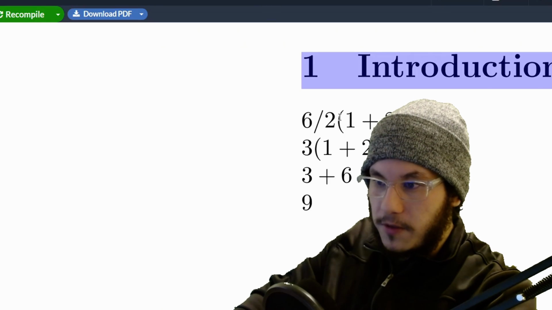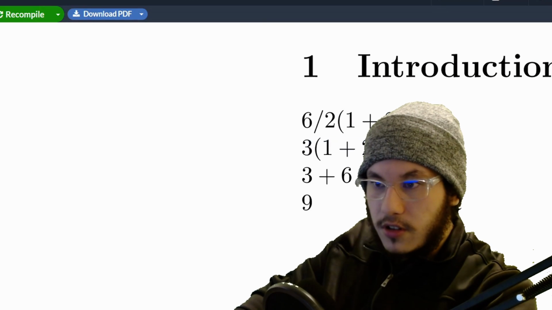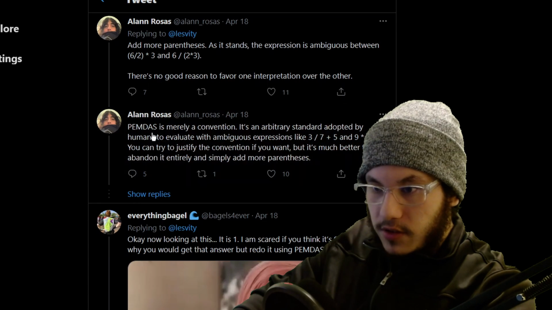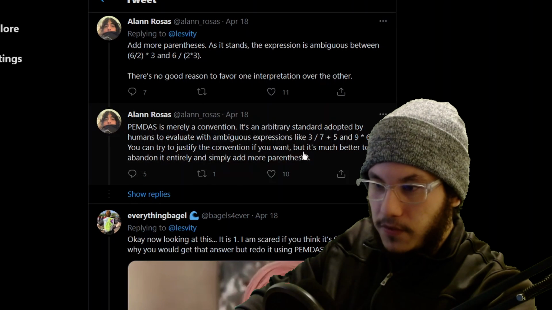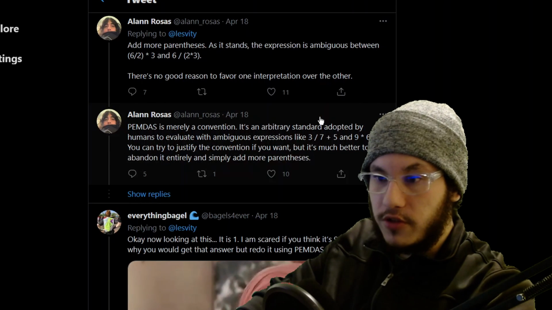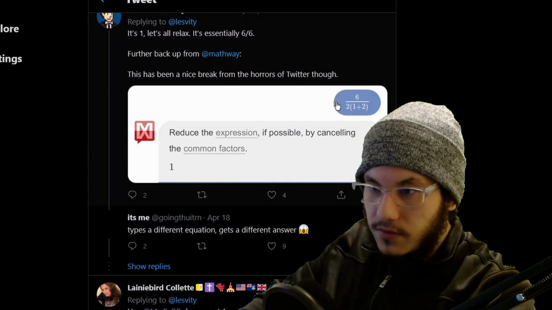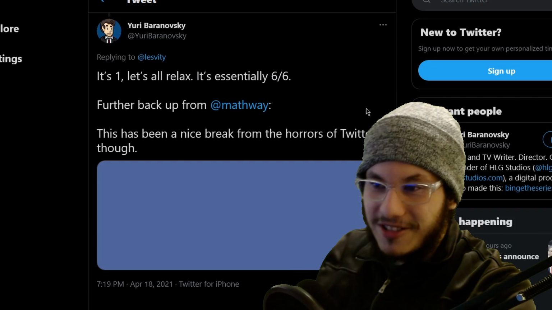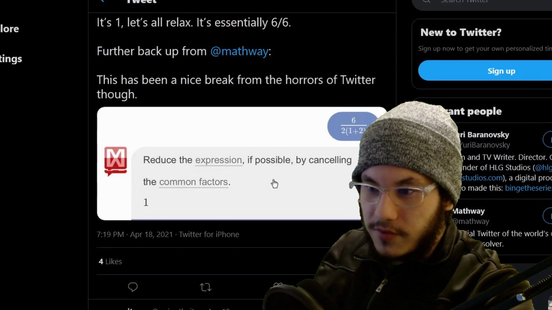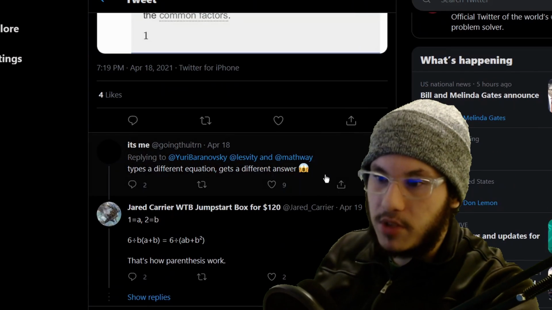You don't have to do the parentheses first, as the distributive property shows. But for the math that most people in the world do, it's not convention, it's just what you have to do. This further makes the point that there's some ambiguity.